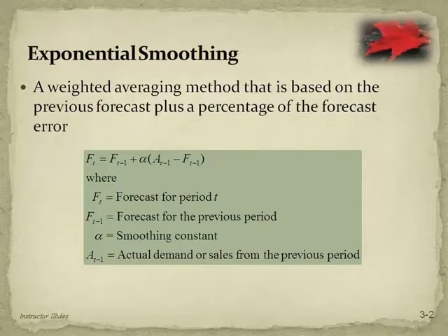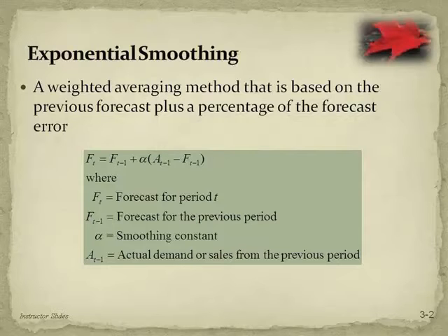So let's say that alpha was equal to 1, which is the maximum value that it could have. If I multiply 1 times the error, whatever the error was in the last forecast, then I'm going to adjust the previous forecast by the full amount of the error.